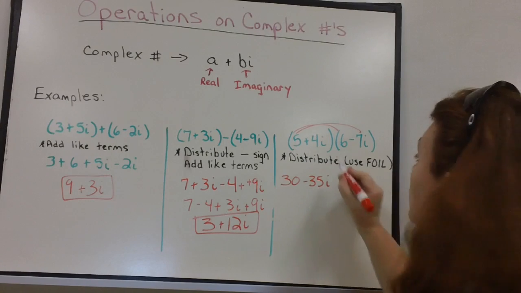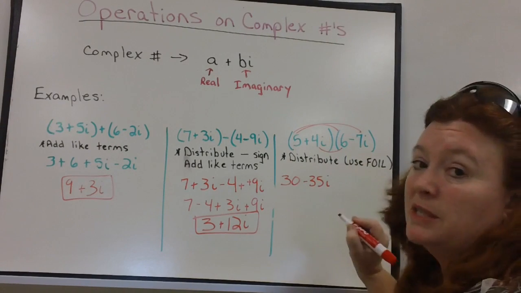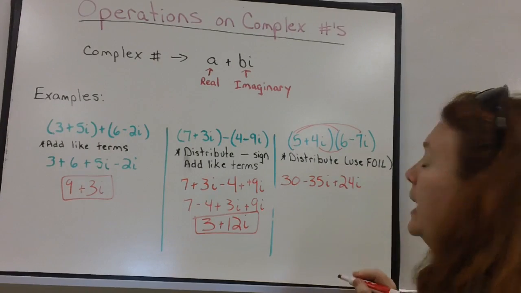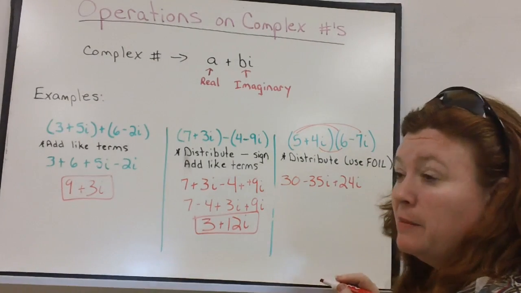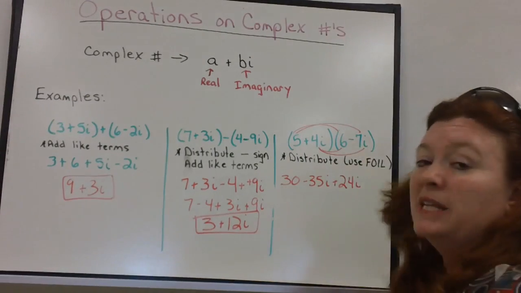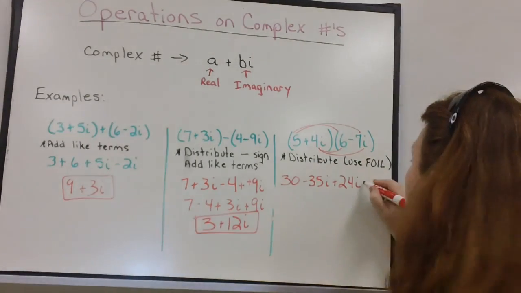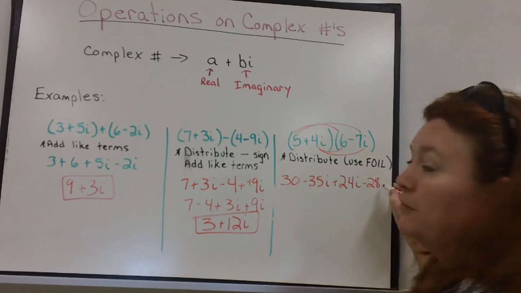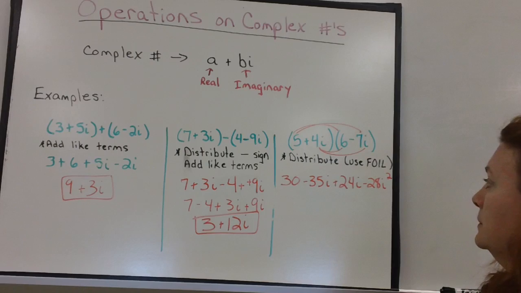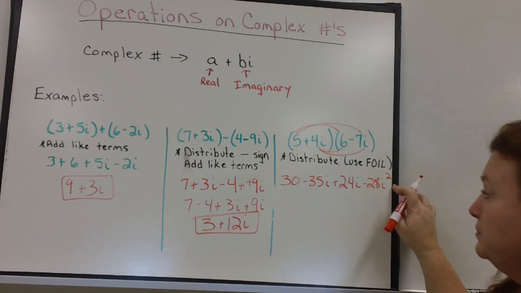The inner terms, the 4i times the 6, gives me 24i. And here's where you have to be careful. Probably the most missed part of this problem is 4i times the negative 7i, which is a negative 28, careful, i squared. A lot of people forget that squared.